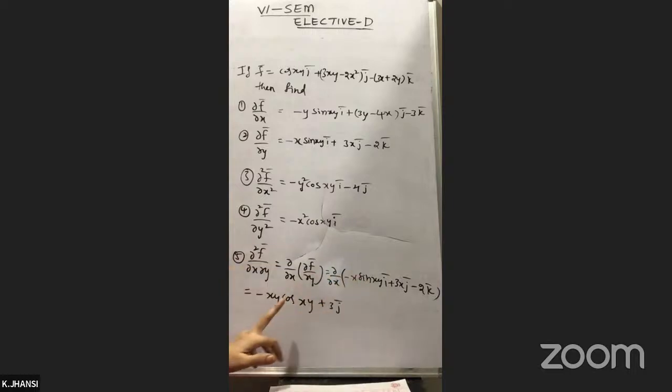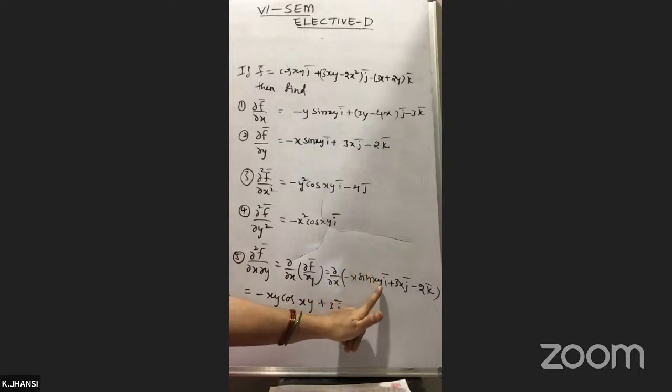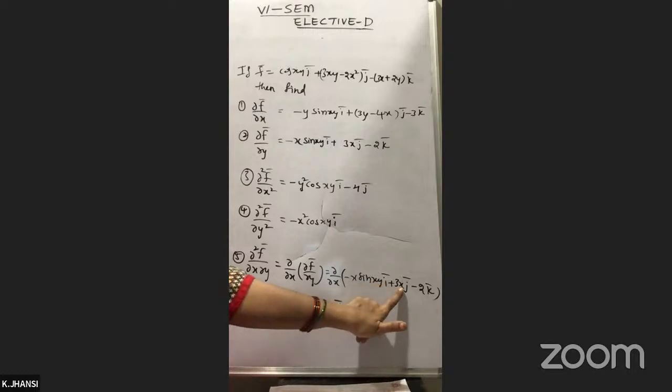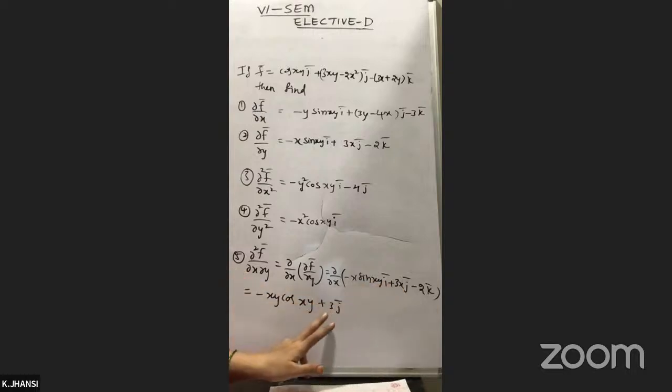That means sin will become cos xy, x will become 1, so y will be there, so minus xy cos xy. 3 into x differentiation is 1, so 3j. And this is the constant term, so it will become 0. So like this, we have to find the partial differentiation.